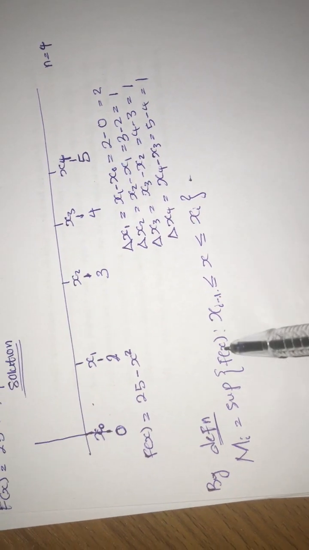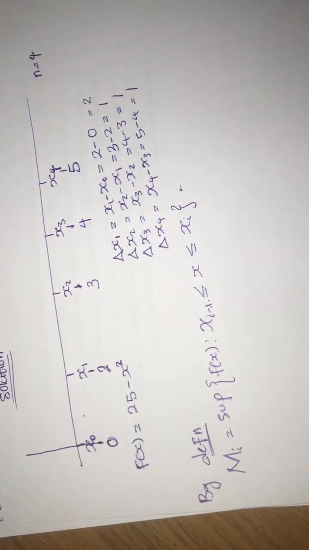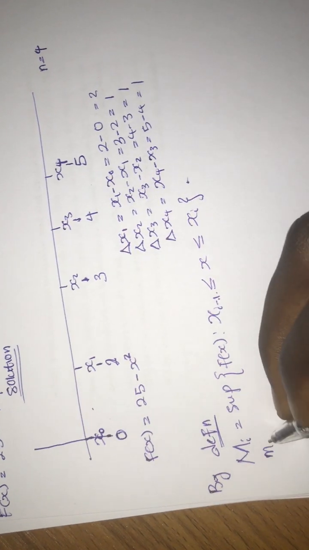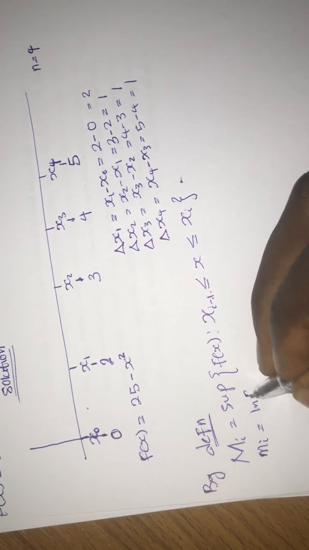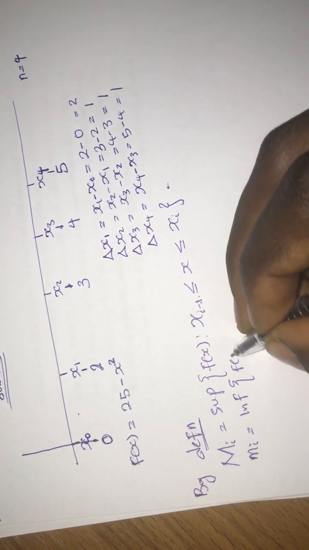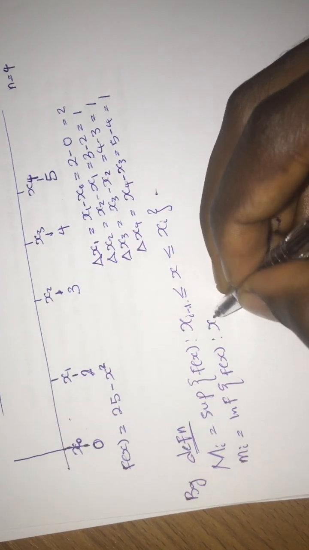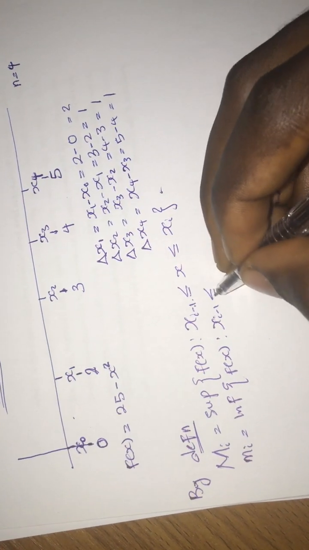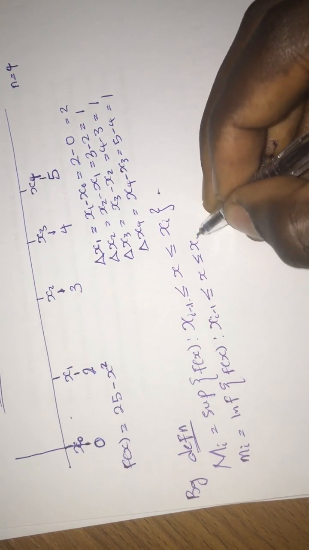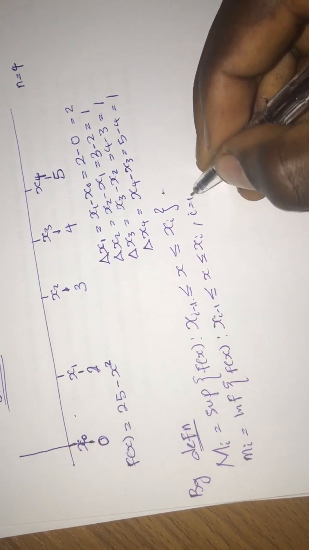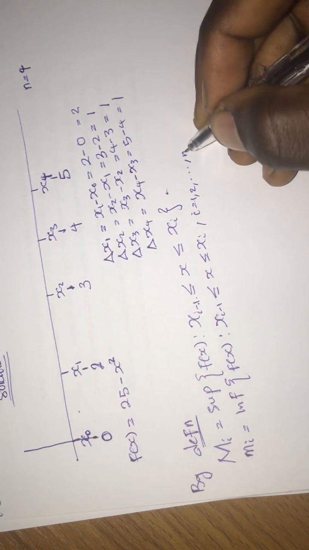While the small m is the infimum of f(x) for x(i-1) less than or equal to x less than or equal to xi, with i equal to 1, 2, up to n.